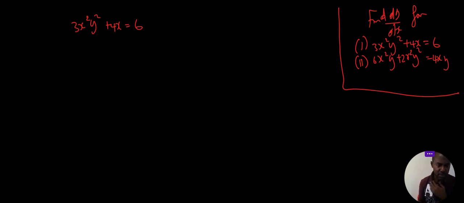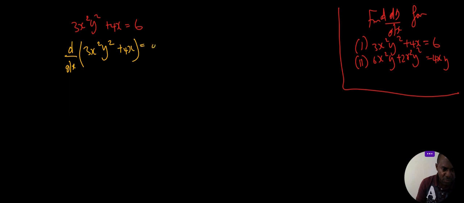So we have to apply implicit differentiation. Now, how do we go about doing this? Basically, we have to differentiate both sides with respect to x. So we're going to say that d by dx of 3x squared y squared plus 4x is equal to d by dx of 6. And we proceed.